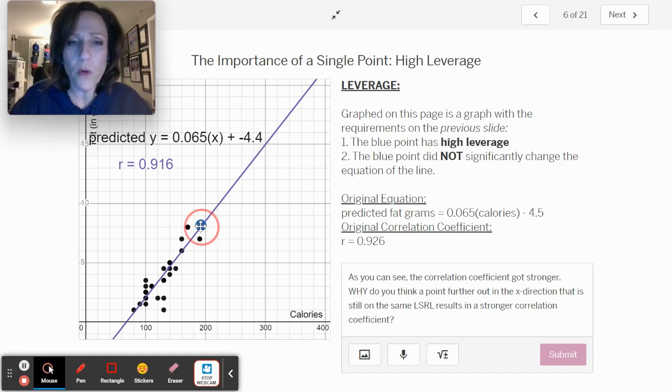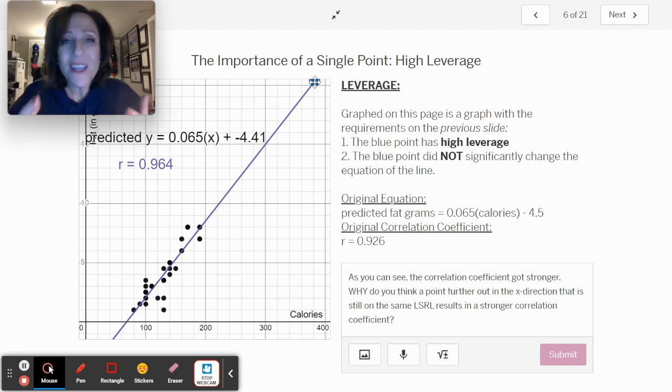If I move this point far out here with high leverage, and I still am on the equation of the line, then the correlation gets stronger. And here's why.